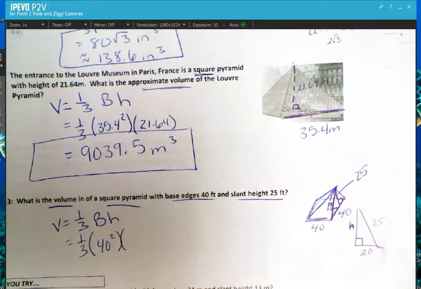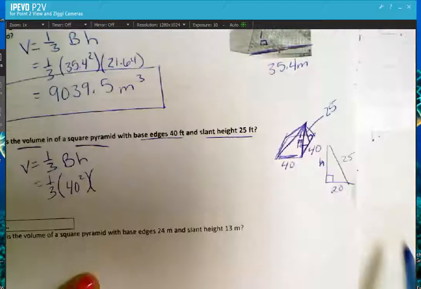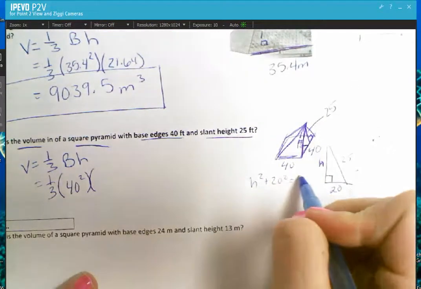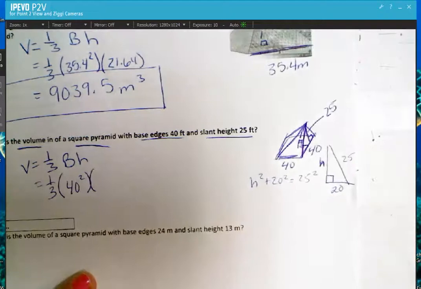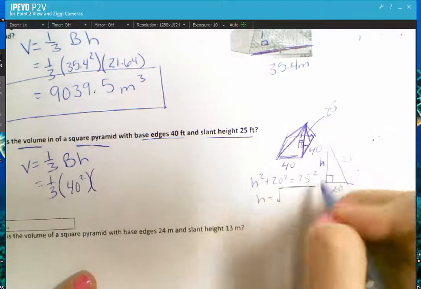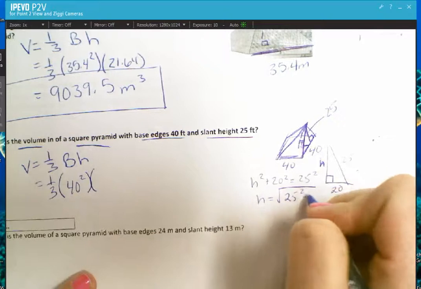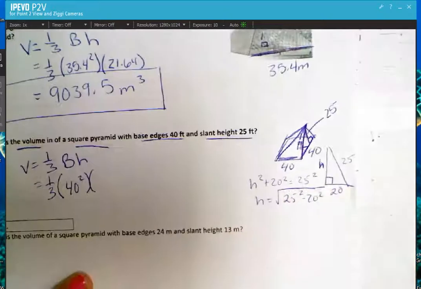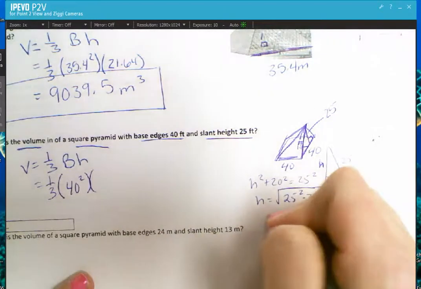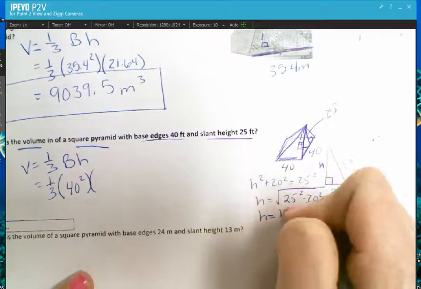So that's 20. Since I have 2 sides of a right triangle, I should use the Pythagorean theorem to find the third. I know h squared plus 20 squared equals 25 squared. Algebra kicks in, so h is going to equal the square root of 25 squared minus 20 squared. If I put that in my calculator, I get the square root of 225, which is 15.